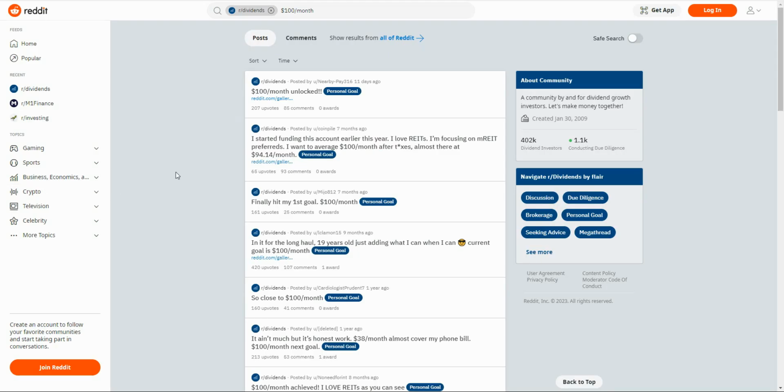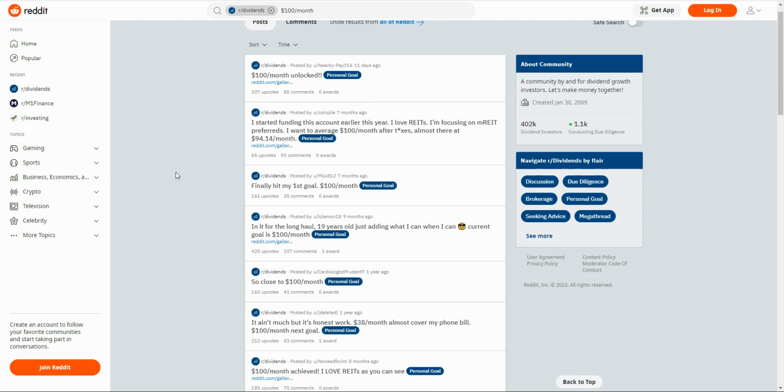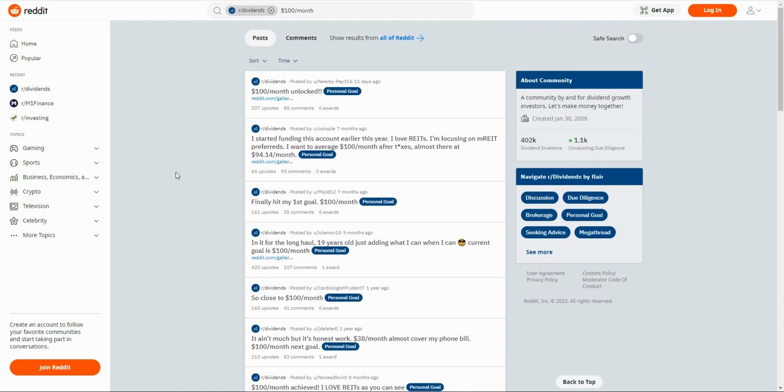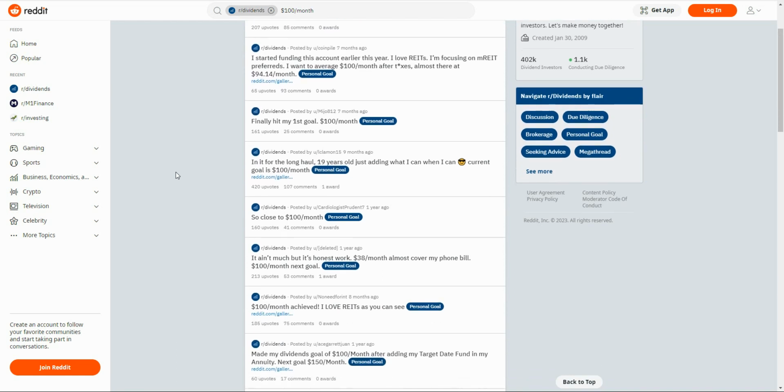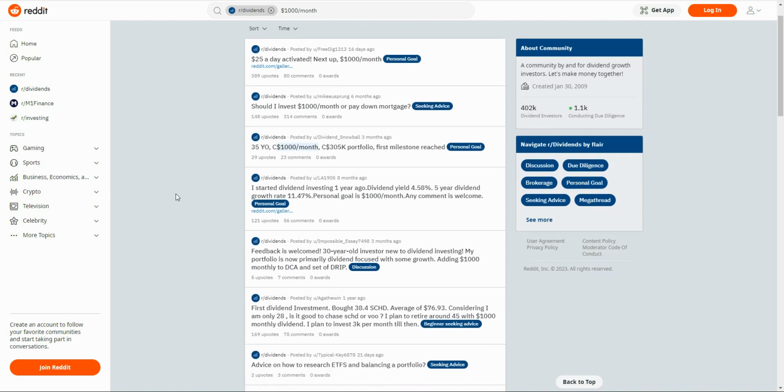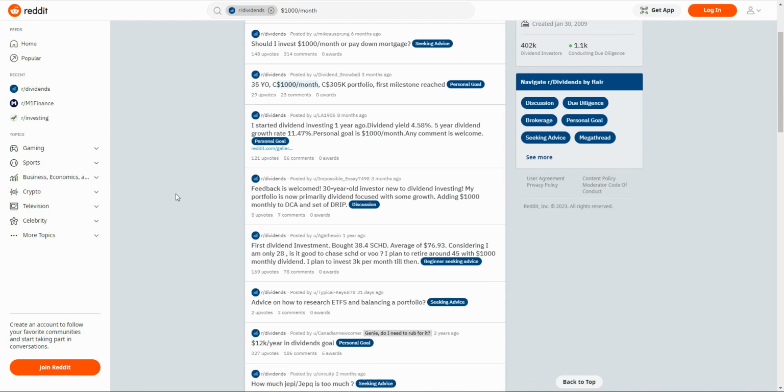And when it comes to dividend goals or milestones, usually it's the nice round numbers that are basically stated to be a goal or a milestone. So you could kind of see here on the community of dividends from Reddit that a common milestone is $100 a month or about $1,200 a year. And you may have this milestone yourself, or you may have a higher milestone, which is $1,000 a month or about $12,000 a year.